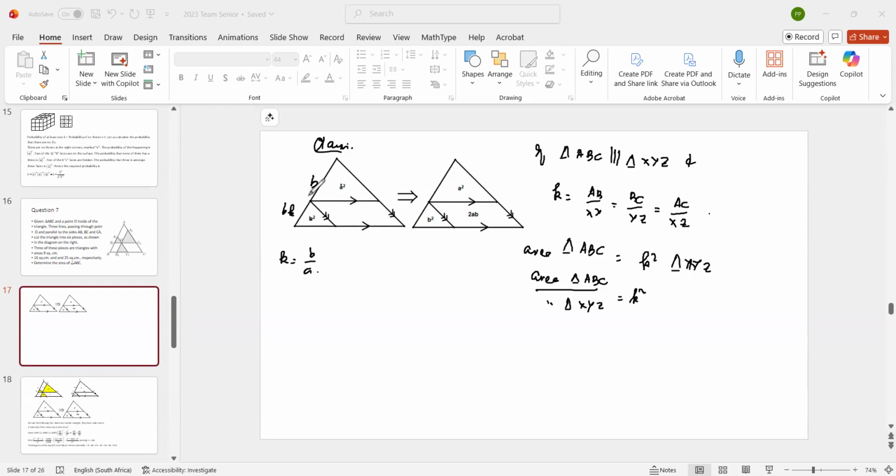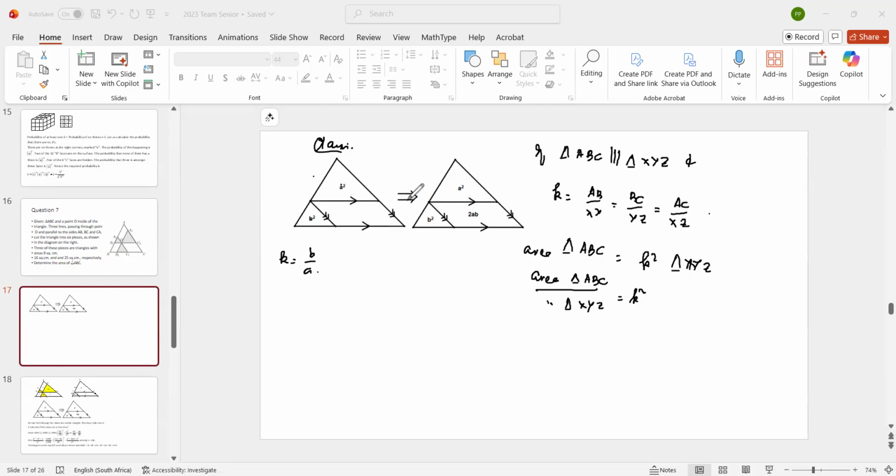B is AK. All right, so this is the ratio. This over this is K. In other words, this side over this side is K, that side over that side is K, that side over that side is K. The ratio of the sides is all equal to K.